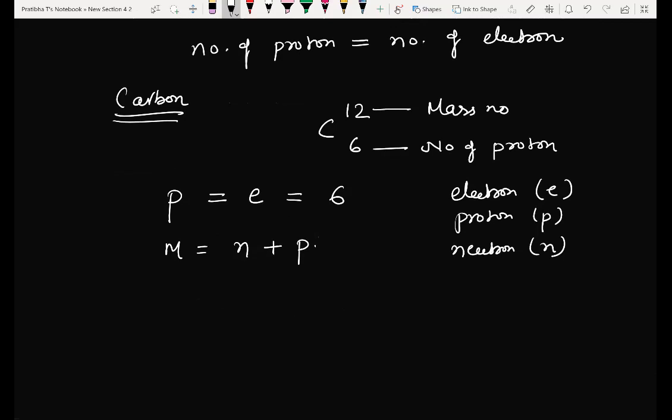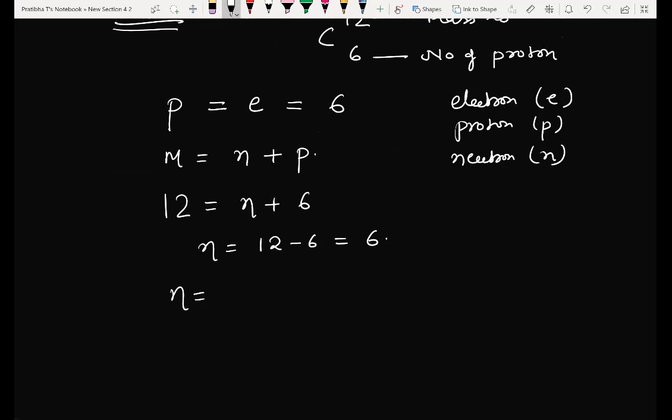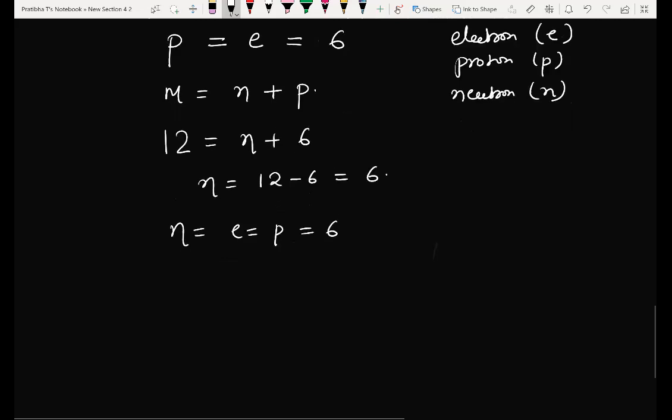Neutron plus proton. Now look, this is maths, okay? Here, how much is the mass number? My mass number is 12. How much is the number of protons? The number of protons is 6. So I can find the neutrons by 12 minus 6 and I get 6. So luckily here, neutron, electron and proton are all 6, right? In this way, you can find the number of electrons, protons and neutrons.